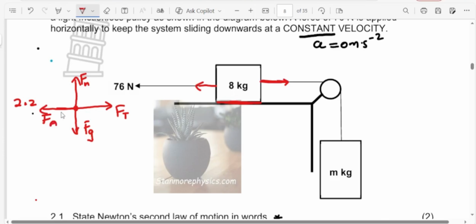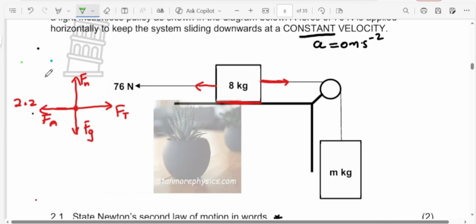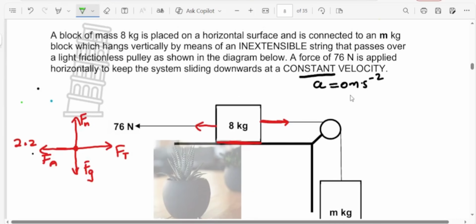So now this is where things start to get more interesting. Oh, I like this question, because if we go back, they said the force of 76 Newton is applied horizontally to do what? To keep the system sliding down at a constant velocity. So now someone will be asking, in which direction is this object moving?